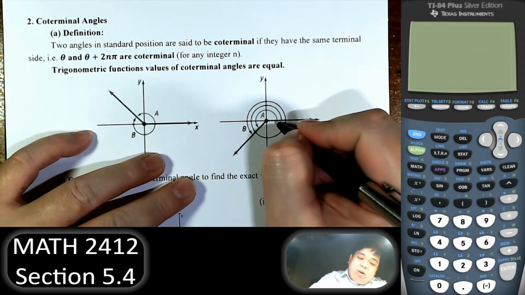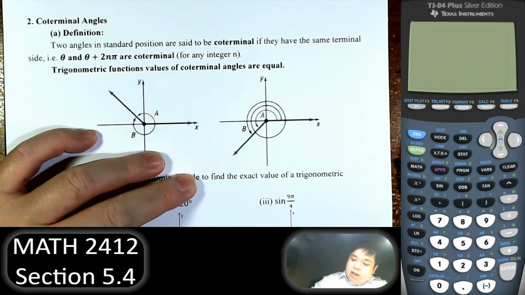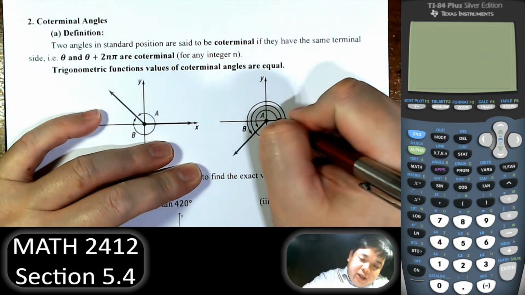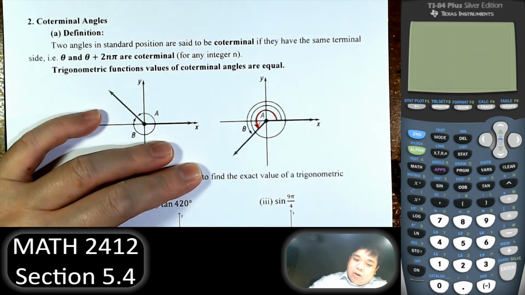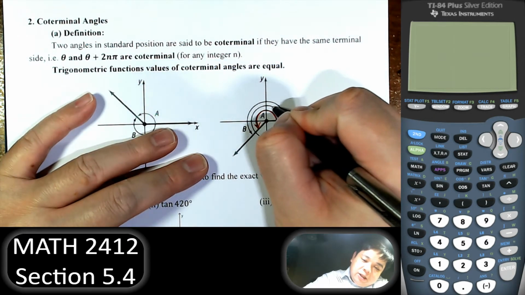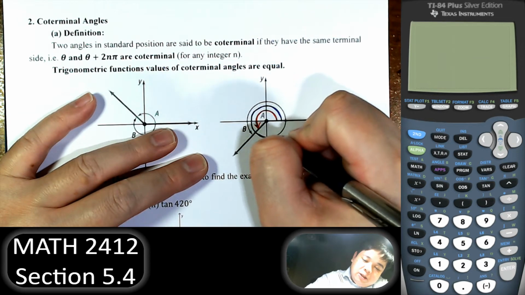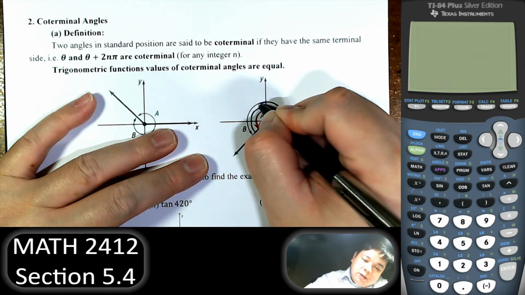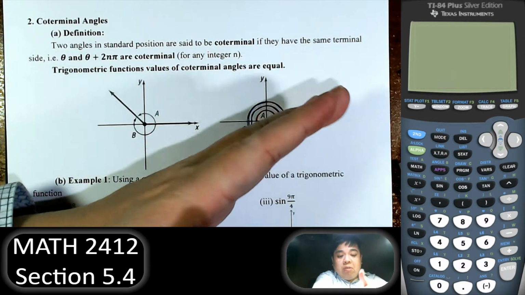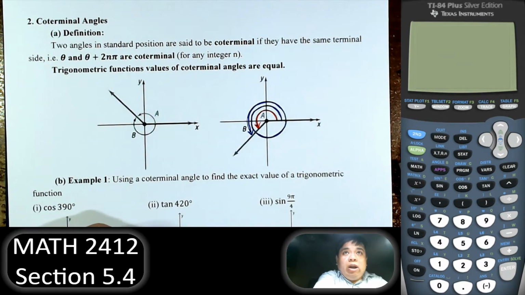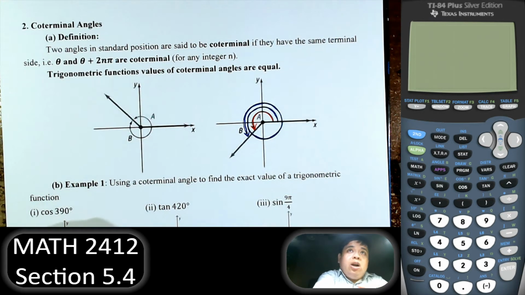And then we can go an extra revolution. So here we can go from here to get the angle A, or we can go like this to get the angle B. As long as they stop at the same terminal ray, we call those angles coterminal angles.